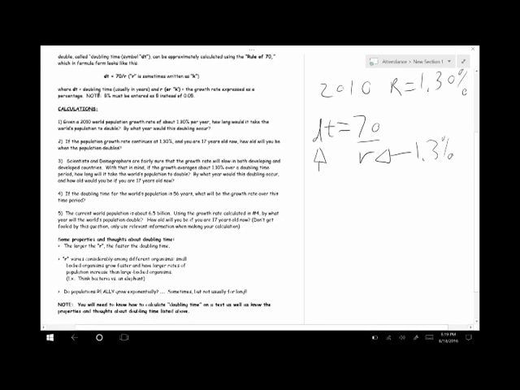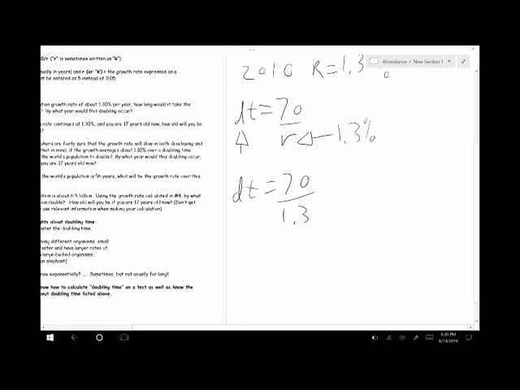Now, in this format, we do not need to convert this percentage into a decimal format. So what we'll simply do is DT, the doubling time, equals 70 divided by 1.3.